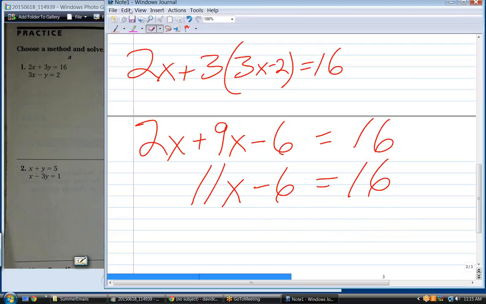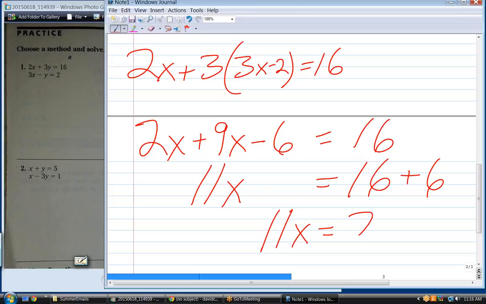But the way I like to think about it is if I want to move this negative 6 to the other side of the equation, I just do it and change its sign. So that gets rid of it the moment I do that. As long as it's adding or subtracting, you can do that. You can just move it to the other side of the equation and change the sign on it. So now we have 11x equals what? 6. Oh, wait, no, I gotta add.